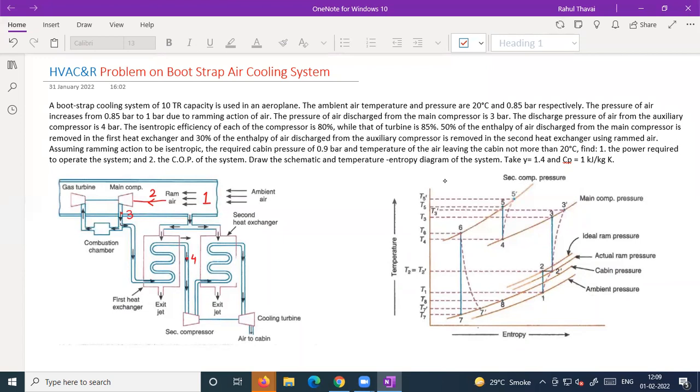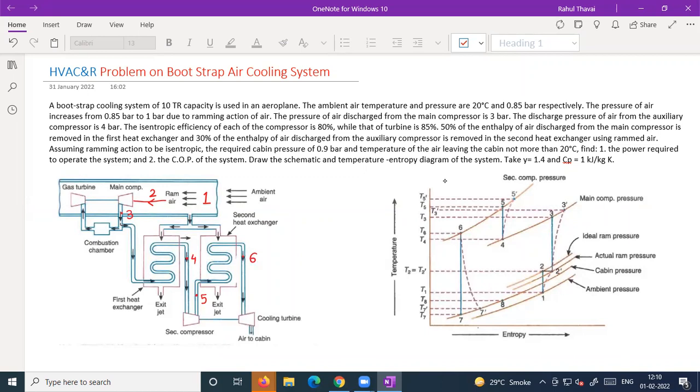In the compressor it will get compressed, and it will come out at point number 5. Now from the secondary compressor, it is supplied to the secondary heat exchanger, where again it gets cooled. It will come out at point number 6. Once it is getting out of point number 6, it is further supplied to the cooling turbine, where it gets cooled.